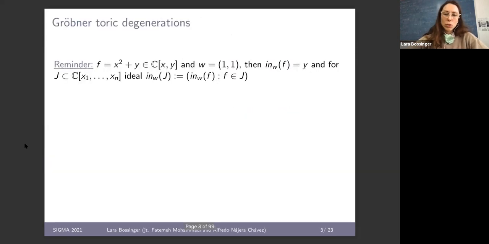Very briefly, also how degenerations work from the point of view of Gröbner theory. Here we will be working with homogeneous prime ideals in some polynomial ring.